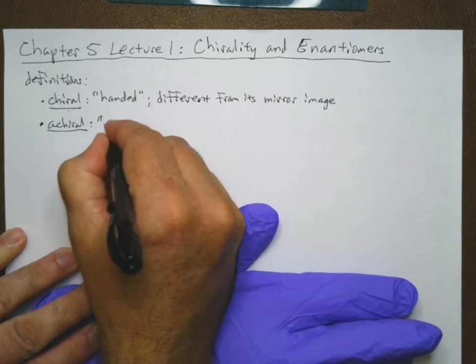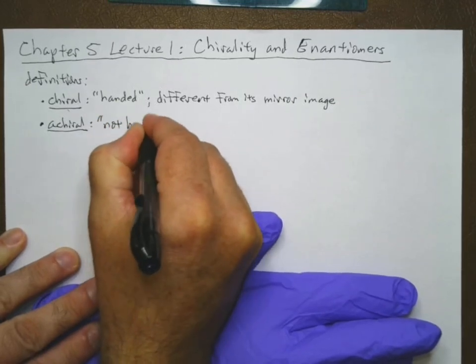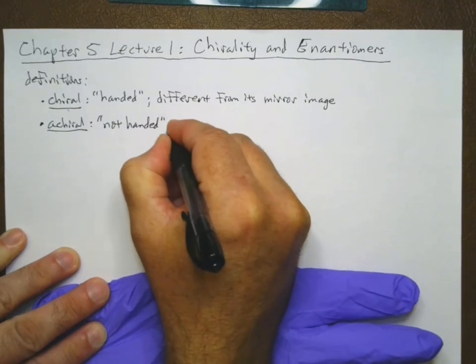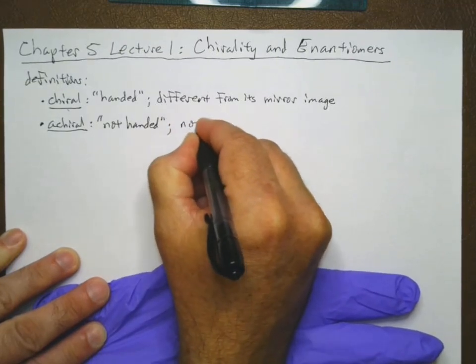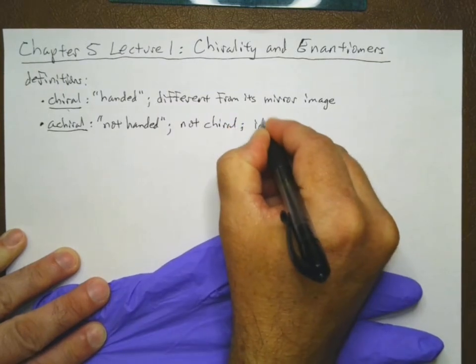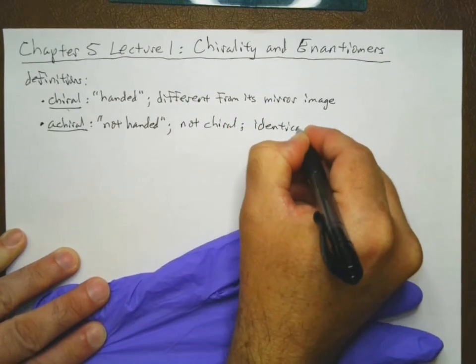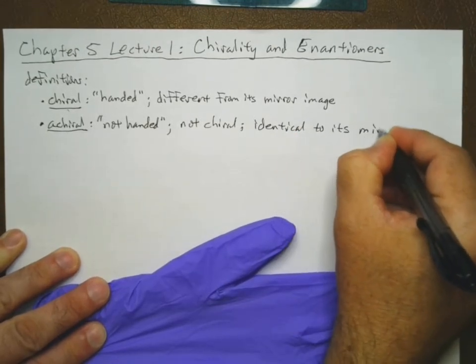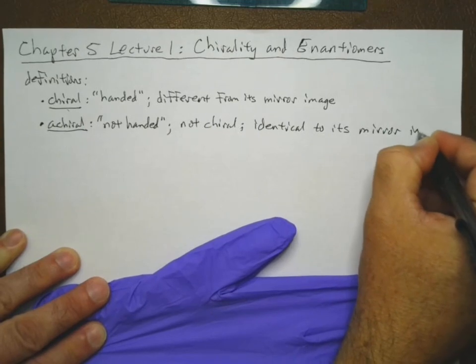So achiral is not handed. So it is not chiral. And it is identical to its mirror image.